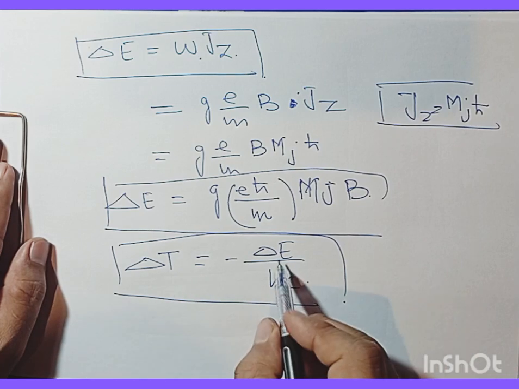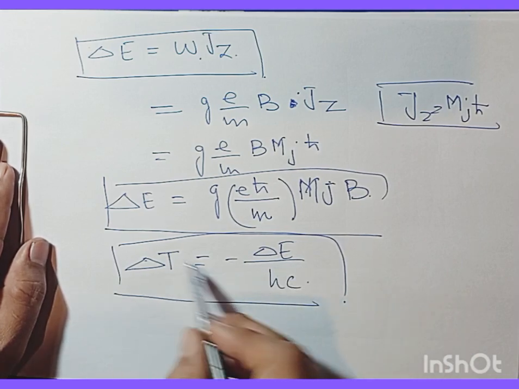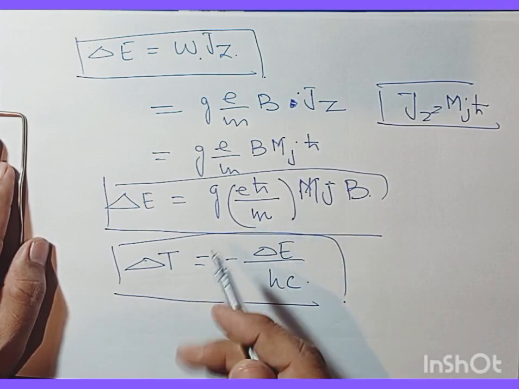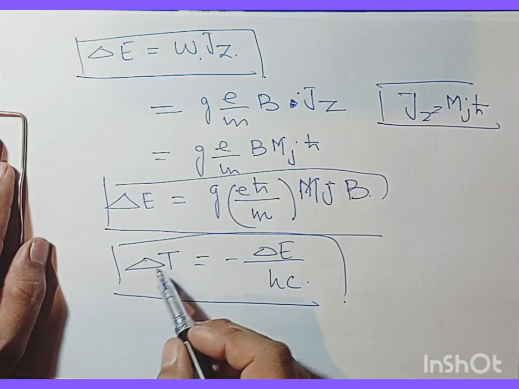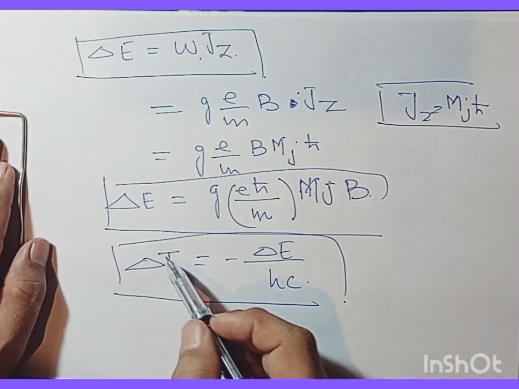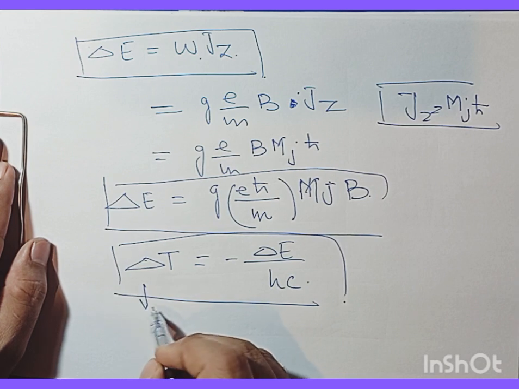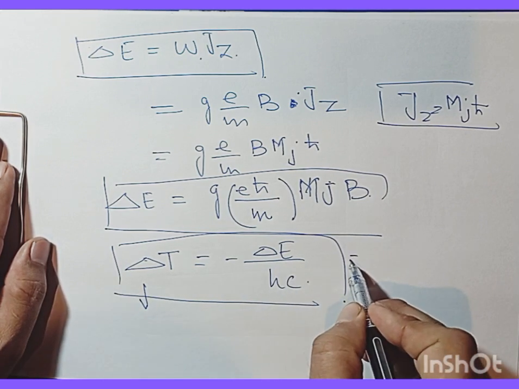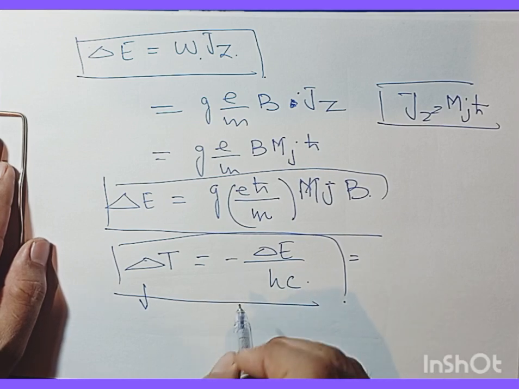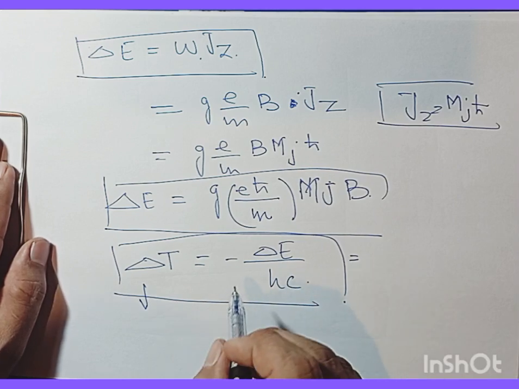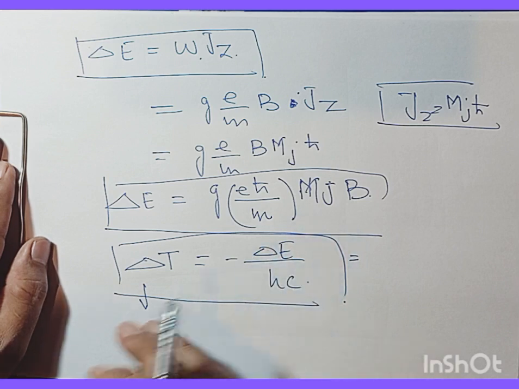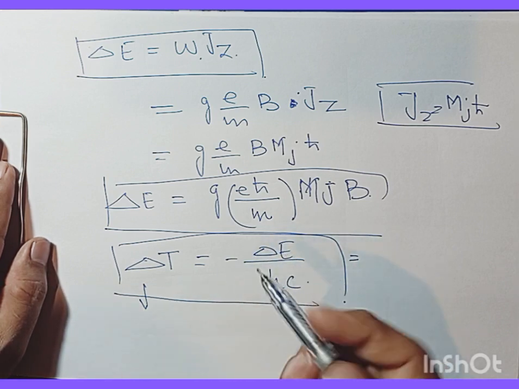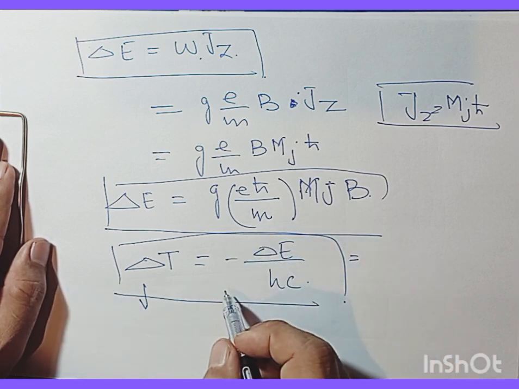There is no difference; the difference is only in terms of the smallness of energy. So the change in wave number, represented as delta nu tilde here, is minus delta E by hc. This minus is deliberately introduced to be consistent with the forthcoming equations, where finally the result has to come positive.